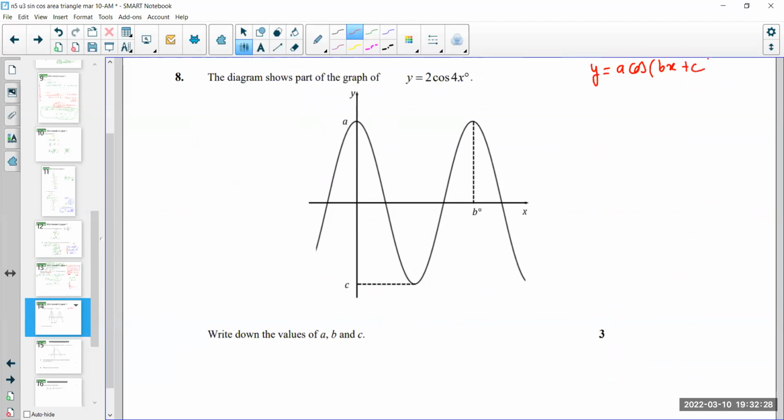That is completely different. That is not what we've been asked to do. We've been asked to find what A is. A is usually the amplitude. So because I can see the amplitude being 2 here, you just write A equals 2.